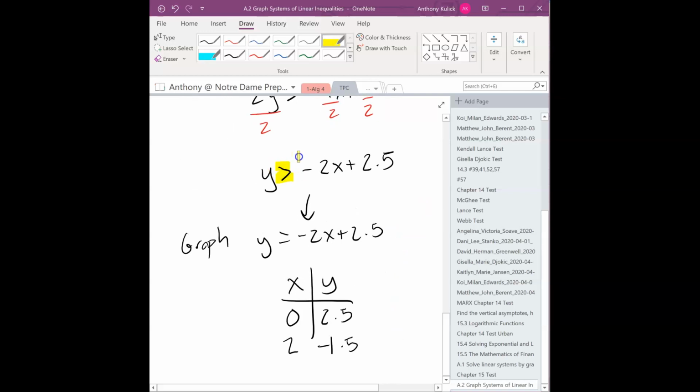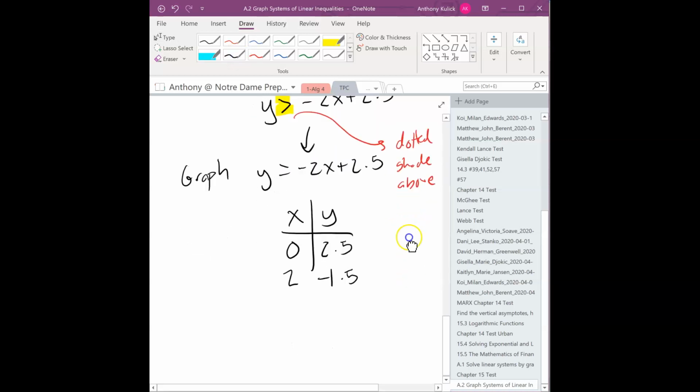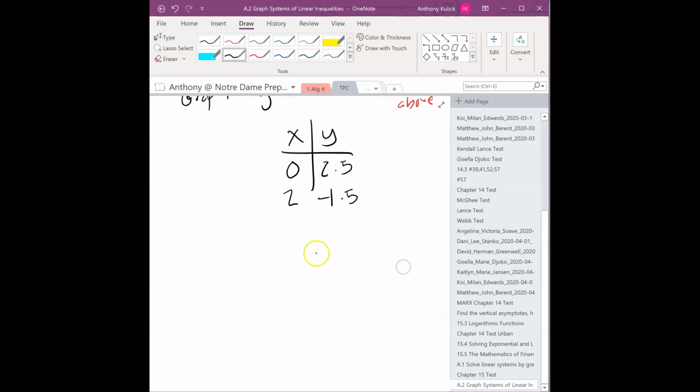If I look at this, it tells me I'm going to be using a dotted line because it's a strict inequality, and we're going to be shading above because it's a greater than symbol. So let's go ahead and draw our graph then.